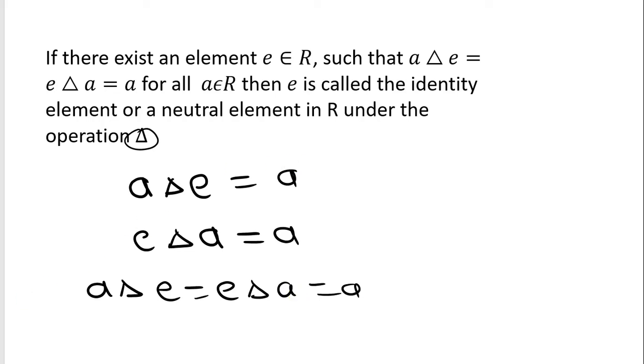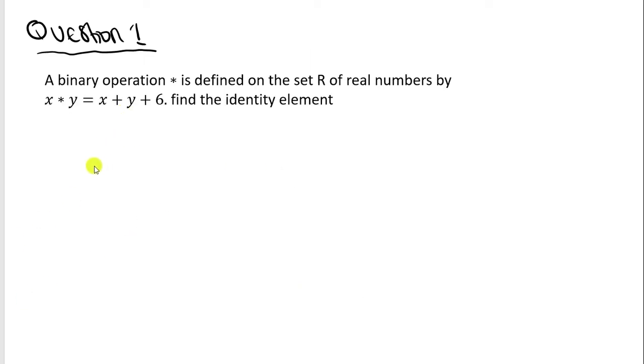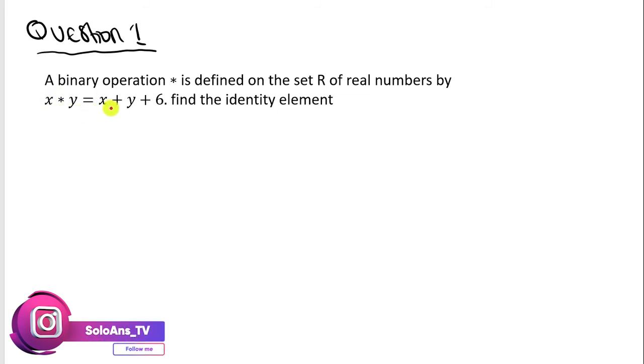So we have an example here. It says a binary operation, that is the star operation, is defined on a set R of real numbers by x star y is equal to x plus y plus 6. The question says find the identity element. In this case, the operation that we are having there is the star operation, and the definition has been given for the operation.